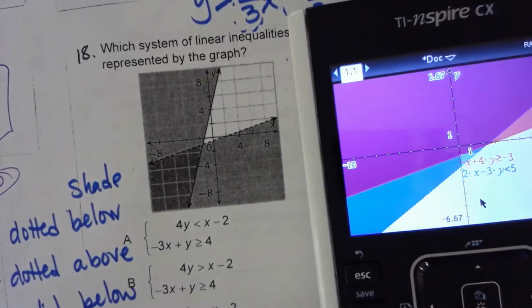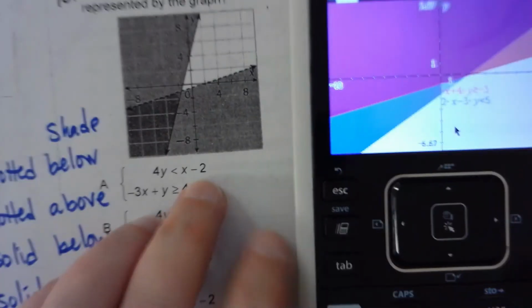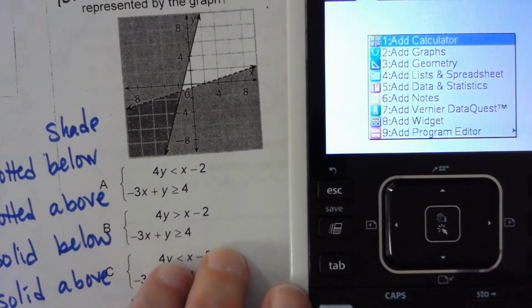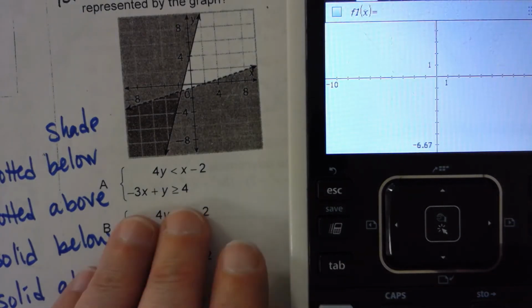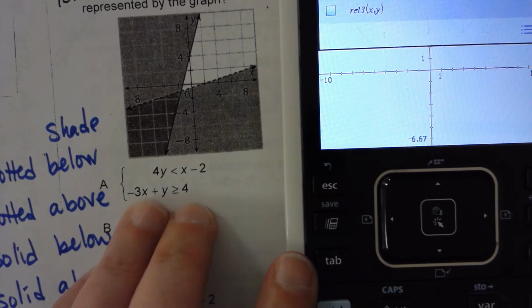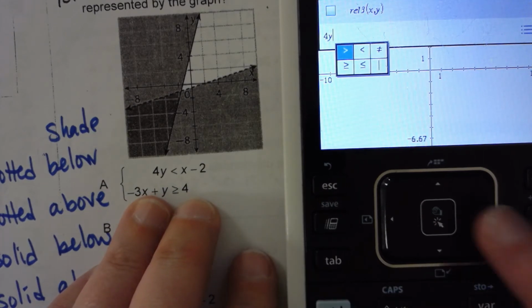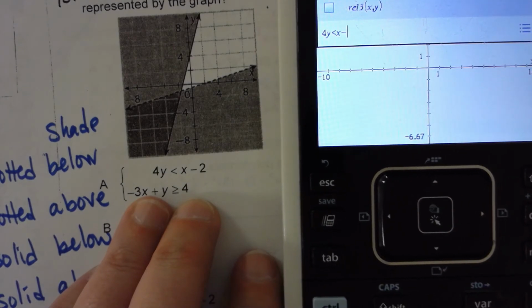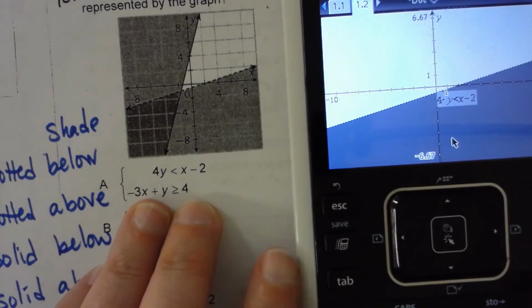All right. Number 18, we're matching the graph to our answer choices. So I'm just going to type in the first answer choice. 4y less than x minus 2. Looks like that.